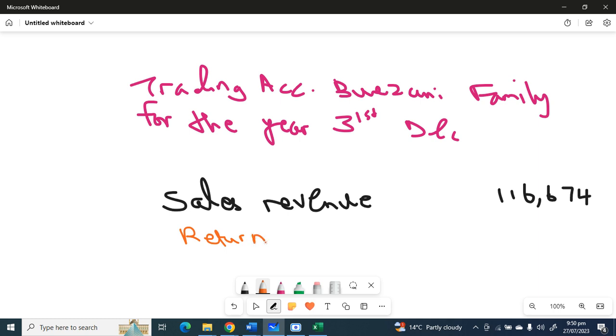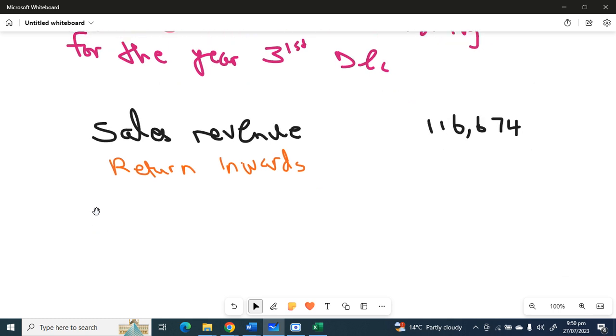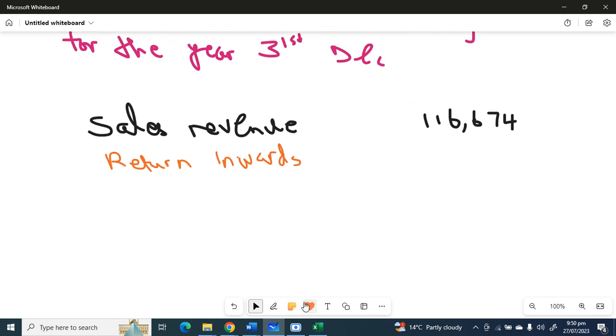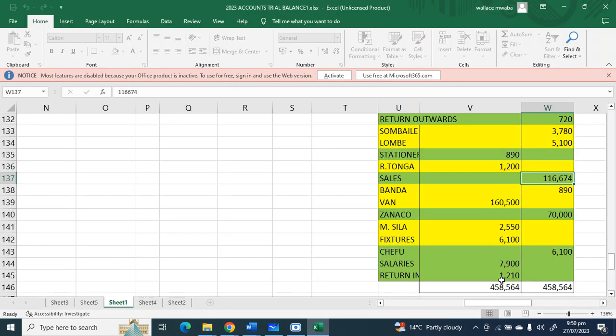And as I said, return inwards is a contra revenue account. As you can see here, it's reducing the sales value. How much is our return inwards? 1,210. All right.